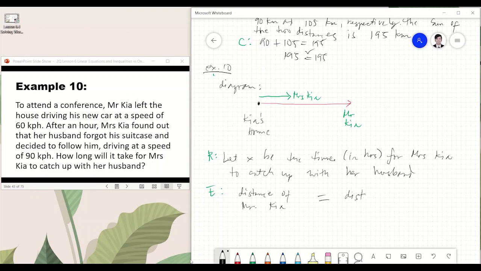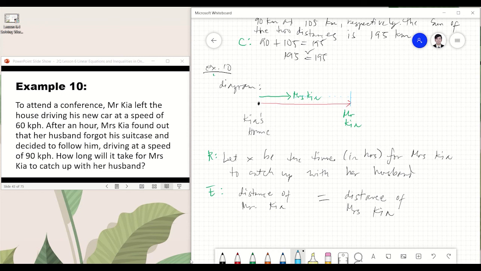So, distance of Mr. Kia must be equal to the distance of Mrs. Kia. Kasi take note, kung magpo-forward si Mrs. Kia dito, at some point, magkakapareho na sila ng distance from their home going to a certain point kung saan na sila meet up. Okay? So, that's why yung analogy dito, dapat kung ano yung distance ni Mr. Kia, kung na-catch up na ni Mrs. Kia, dapat pareho na sila ng distance. Kaya equal.